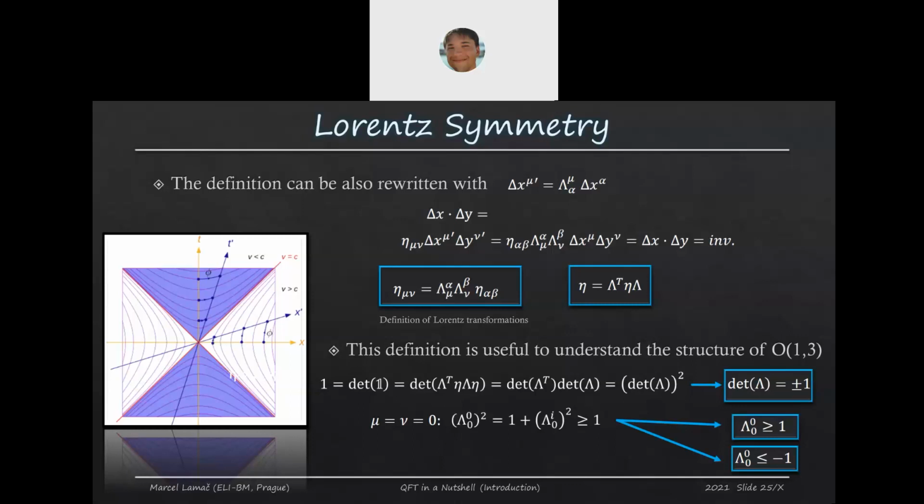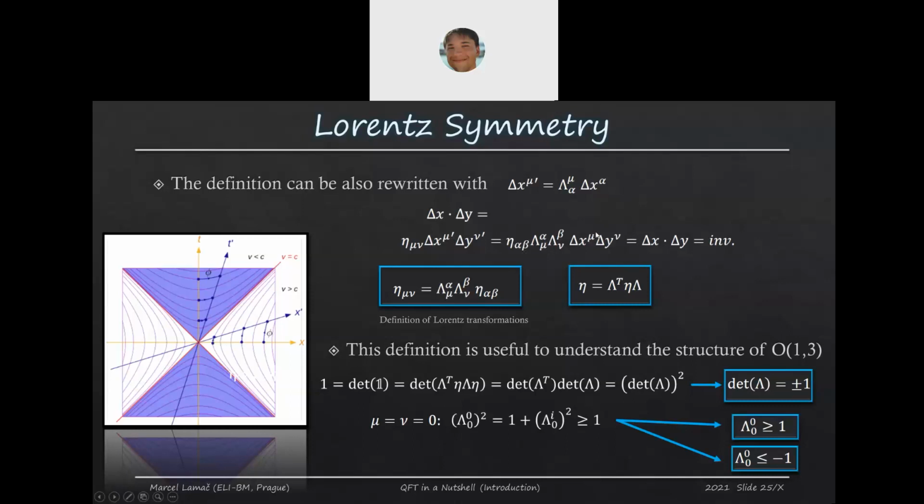So the definition of the Lorentz transformation can be rewritten. I know that I have some mistake over here. What we simply mean by this is that we can write some scalar product of some four positions, and if we transform this product, then it will be the same. If we write it, there shouldn't be any slashes here, and there should be slashes here.